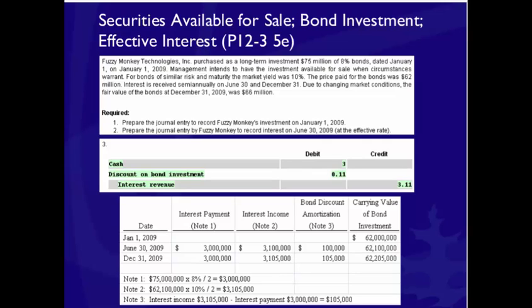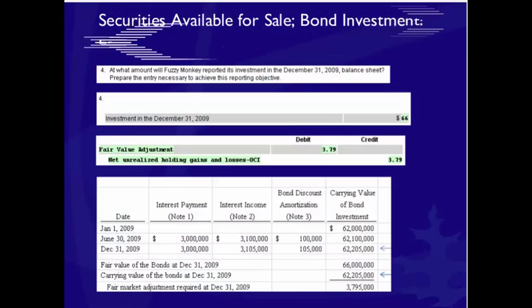On the bottom I've worked it out to the exact number. Okay, so if I've got a debit of cash of $3 million and a credit to interest income of $3,105,000, then I've got $105,000 of discount on bond investment that we need to debit. And little by little we're reducing the discount and bond investment and increasing the carrying value of the bonds over time.